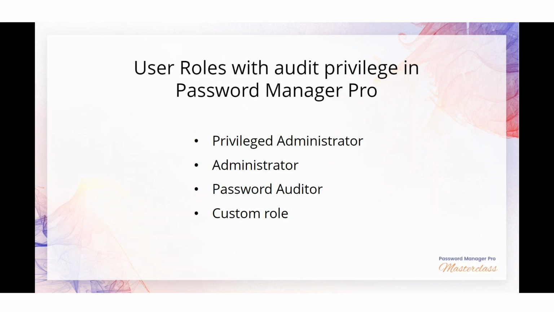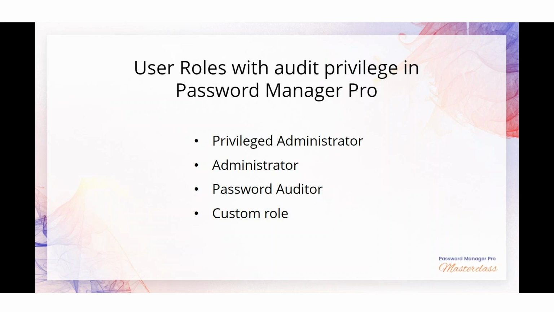Since we are going to talk about privileged access management and Password Manager Pro, the first thing we have to know is the user roles in Password Manager Pro. The default roles that are allowed to view audits and reports are listed here on the screen, which are privileged administrator and password auditor.